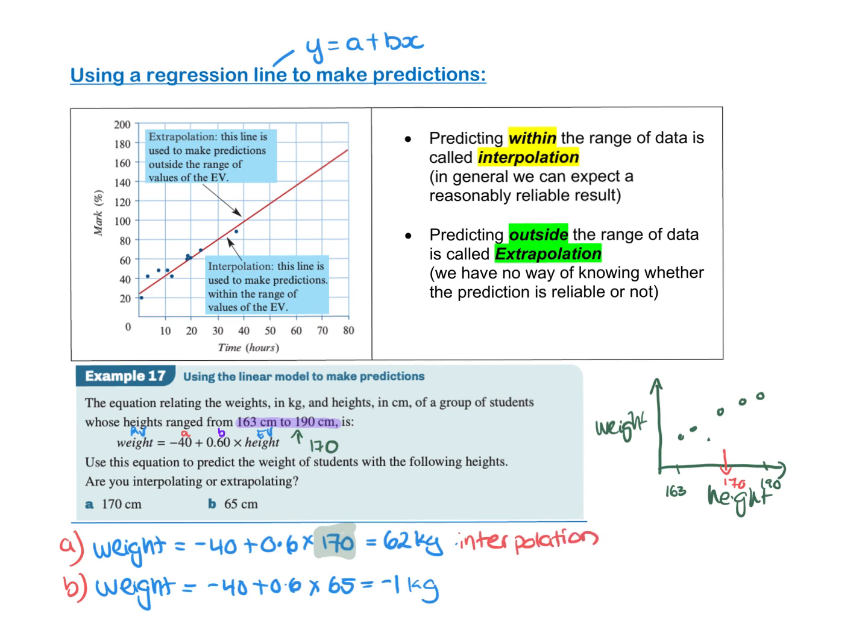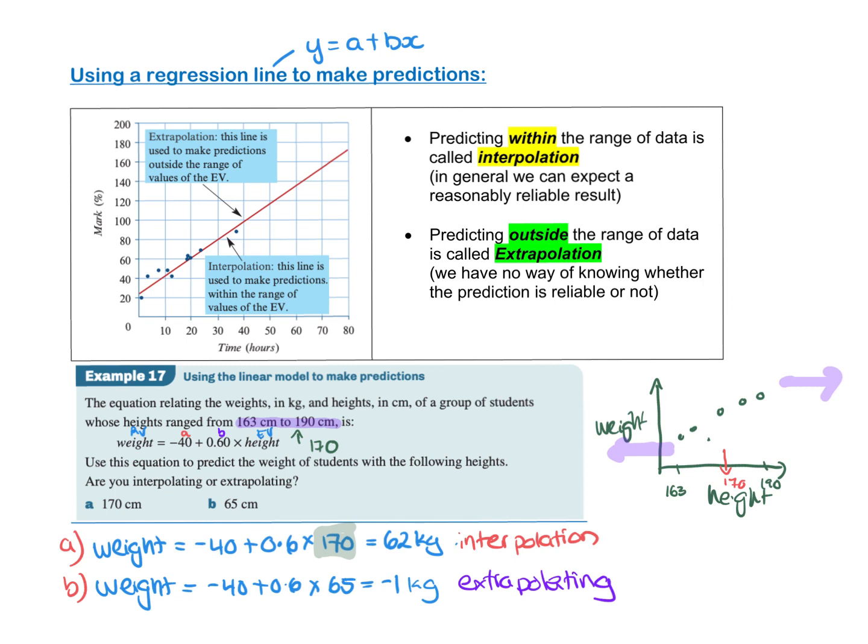And then when you see 65, 65 would have occurred outside. So if you look here, anything smaller than 163 or bigger than 190 was outside. So we call that extrapolating. And it's important to know because someone could say you're extrapolating there. You don't really know. You haven't looked at data above that, okay? So just right next to that one, write that this one is extrapolating, or extrapolation.